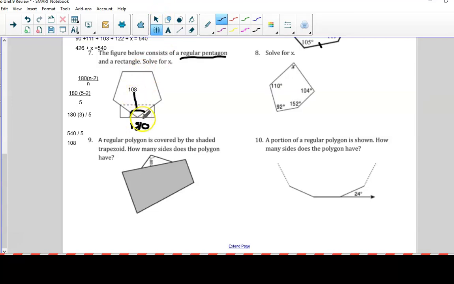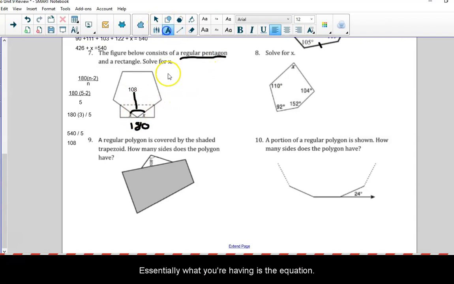This guy right there. Well, if I know that from here to here is 180, and I know that from this black line to the edge here is 108, I can just subtract. The x's have to be the same. Essentially the equation is x plus x plus 108 equals 180.